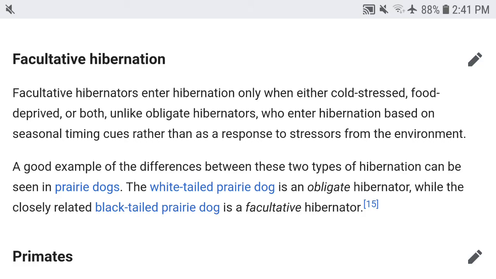Differences between these two types of hibernation can be seen in prairie dogs. The white-tailed prairie dog is an obligate hibernator, while the closely related black-tailed prairie dog is a facultative hibernator.